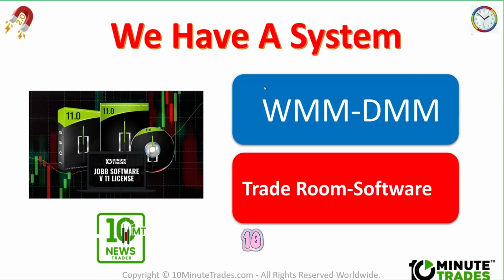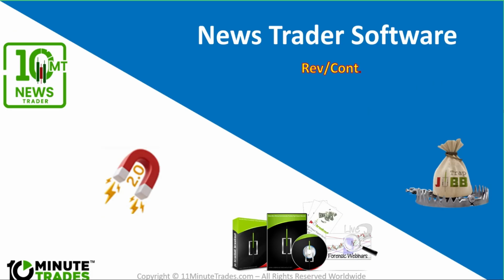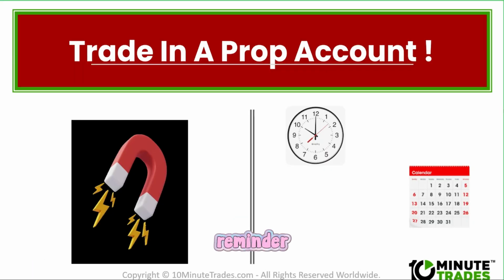All right. At 10 Minute Trades, we have a system. We have major elements that make up our system. As a reminder, you can trade in a prop account. A lot of people email me all the time and say, "Oh, man, you can't trade news in a prop account. They have too many rules." Well, look, there are so many prop companies these days. Many of them let you trade news.